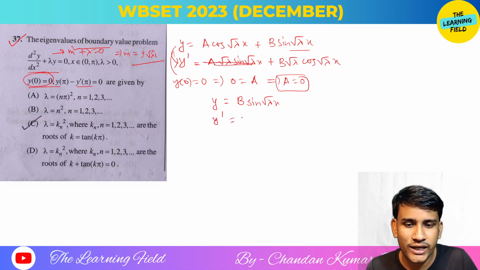So y dash equals b root lambda cos(root lambda x).